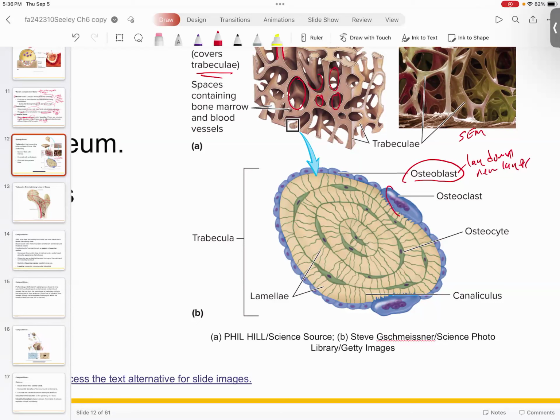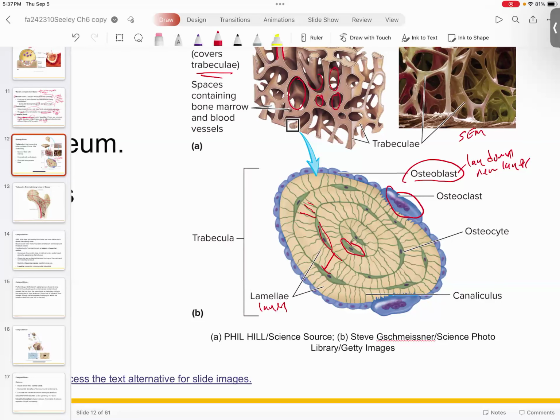And then here you can see an osteoclast chipping away at those bony layers. The structure is lamellar in nature, right? Lamellar basically means layers. Here you can see your osteocytes inside their little lacunae, sandwiched between these lamellae of bony matrix, these layers of bony matrix. And then you can see the little canaliculi that interconnect the osteocytes with their blood supply.